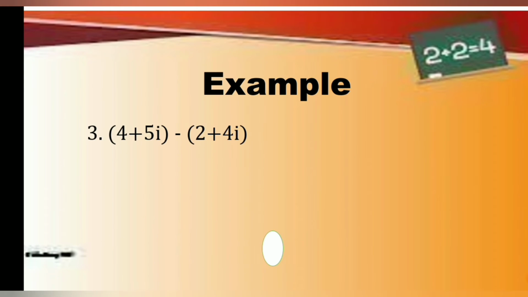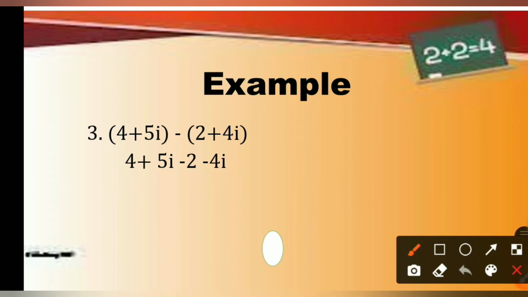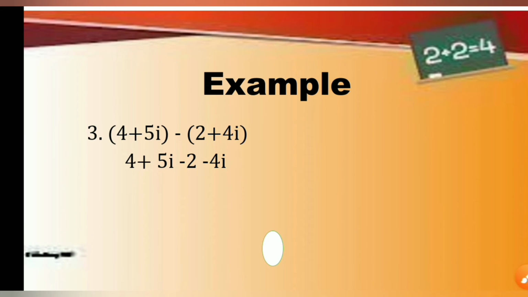Example. Number 3. We have 4 plus 5i minus 2 plus 4i. The first step is to copy the first quantity, so 4 plus 5i, and then we distribute the subtraction operation to the second quantity. So we have negative 2, and negative times positive 4i is negative 4i.